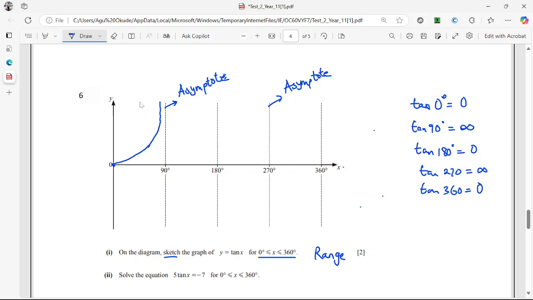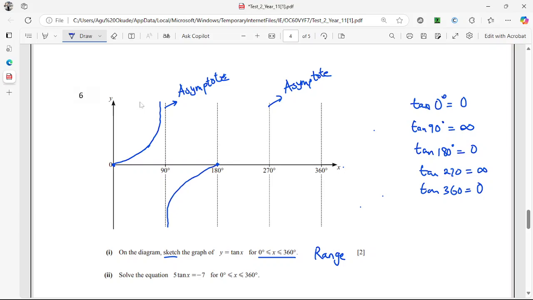Now tan 180 is 0, so I'm going to mark the point at 180, 0. My graph is coming back from negative infinity, coming up like this, so it passes through this 0.